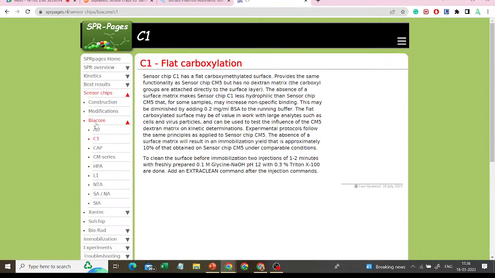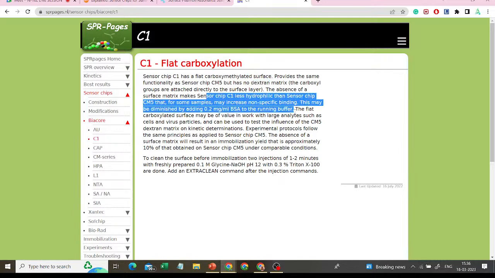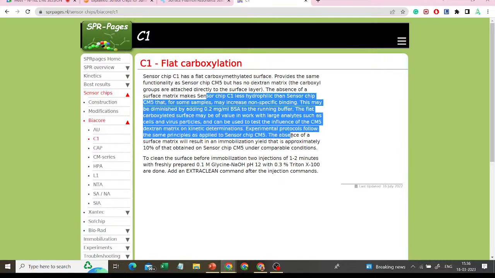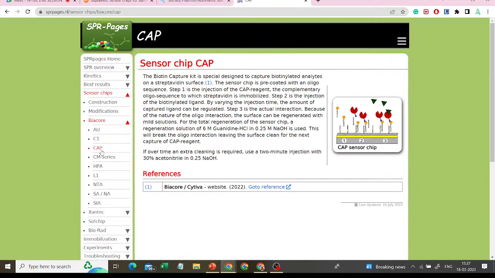Then there is C1, a carboxymethylated surface, but it has no dextran matrix, so it will be less hydrophilic than sensor chip CM5 because of the dextran. Then the biotin capture chip captures biotin-related analytes.